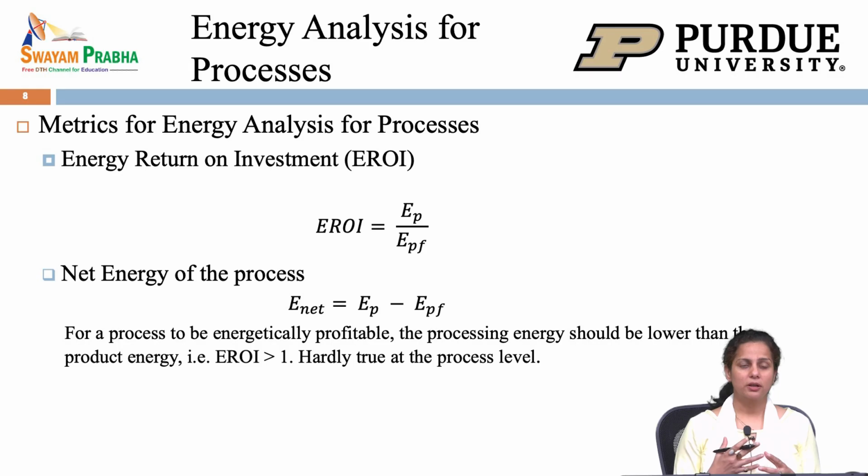So, your energy in the product is your output, and the amount of energy that you have additionally put in. We do not consider the feedstock, but just the additional energy, which is the processing energy that you have additionally put.